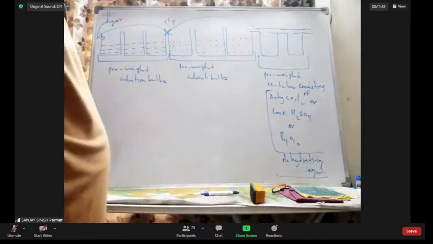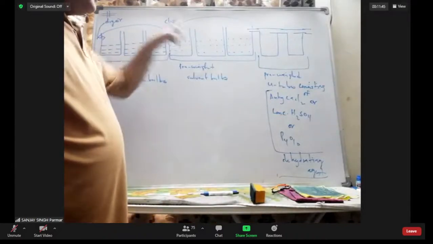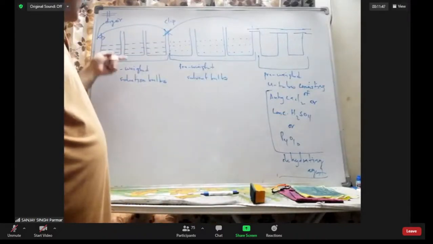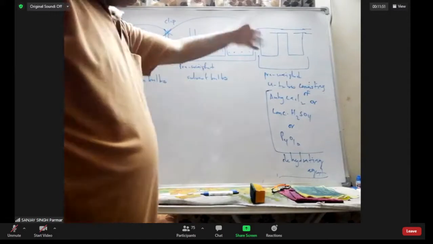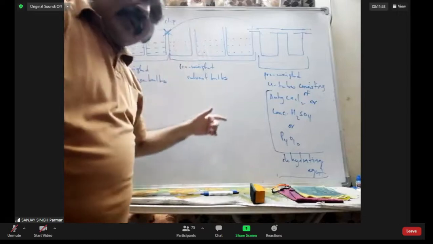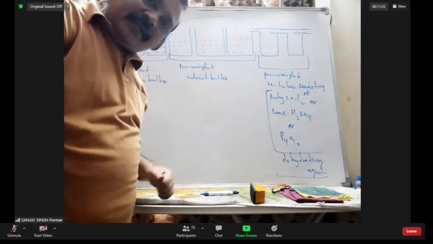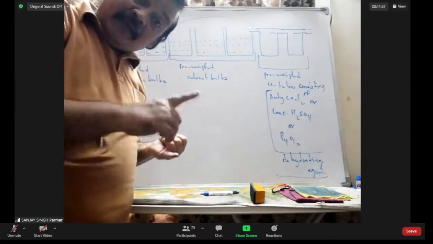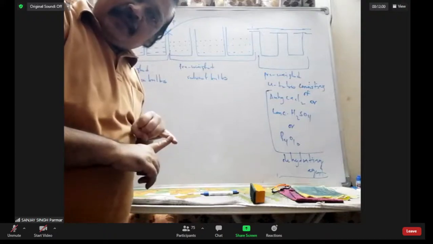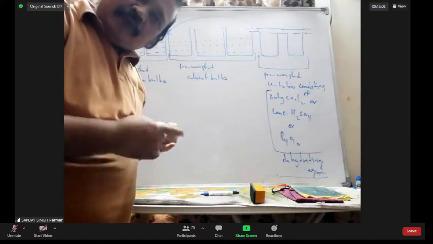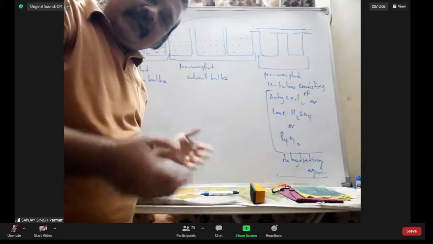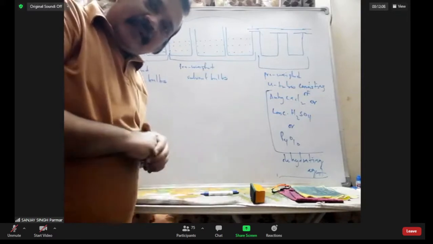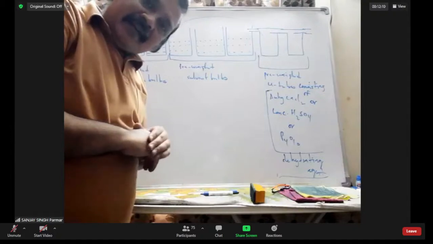Observe properly. 6 bulbs are there. Out of 6 bulbs, 3 are consisting of the solution, 3 are consisting of the solvent. U tubes are consisting of a dehydrating agent. Not all three, any one, maybe anhydrous calcium chloride, maybe concentrated sulfuric acid, maybe P4O10, whichever is available in the lab we can keep as the desiccant or dehydrating agent.